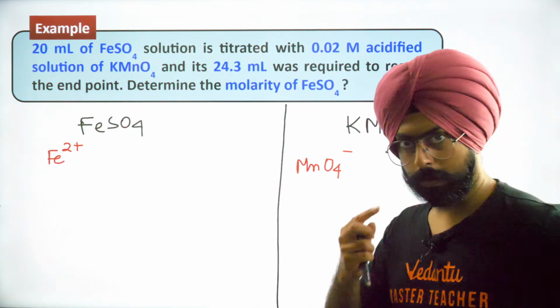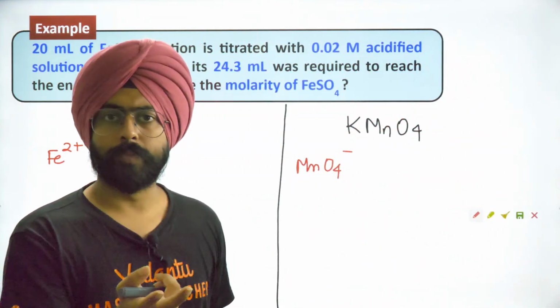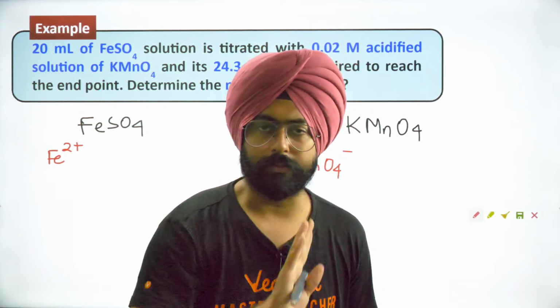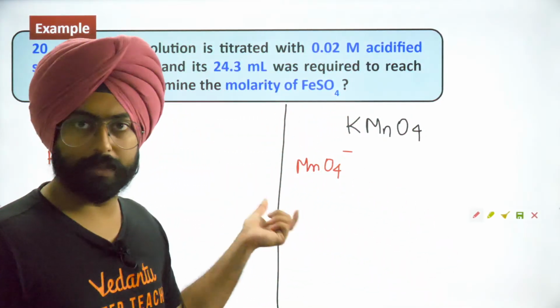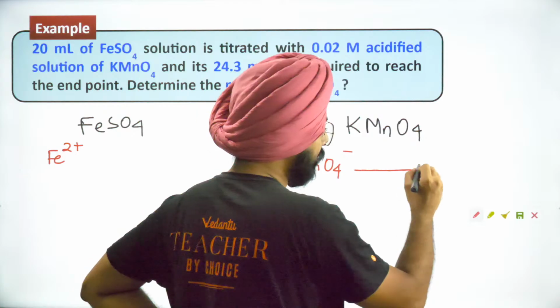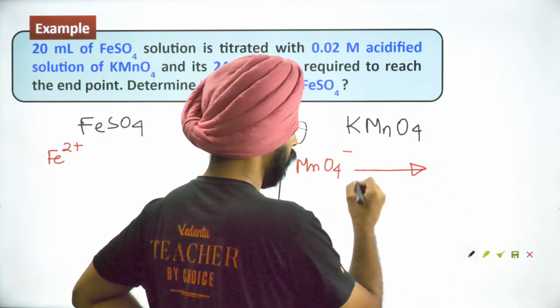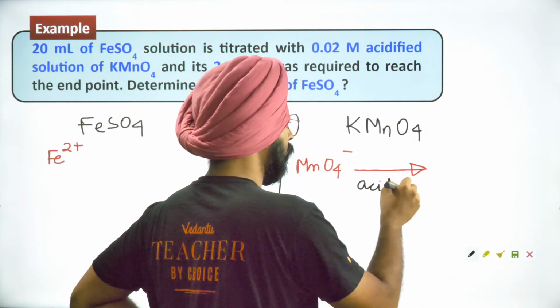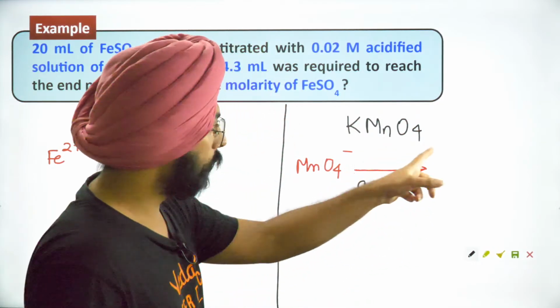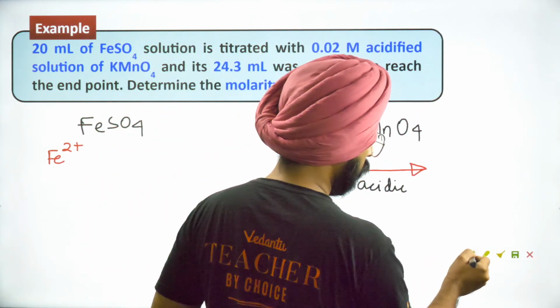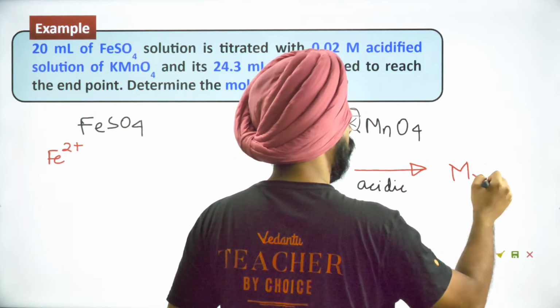Now, one piece of information that you have to remember: MnO4 negative, when you provide it acidic conditions, turns into Mn2+.